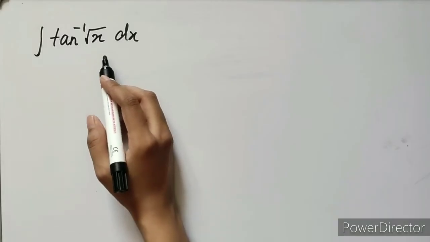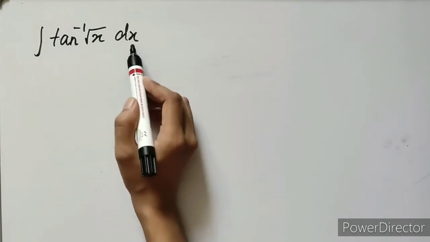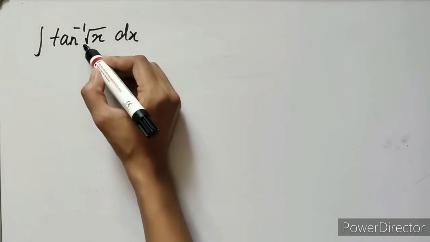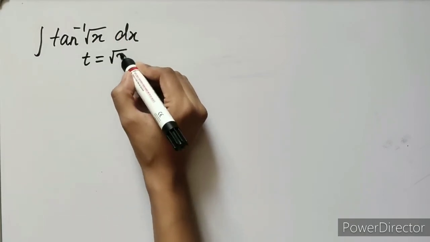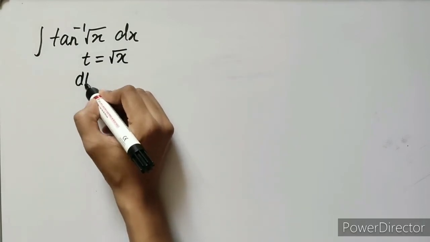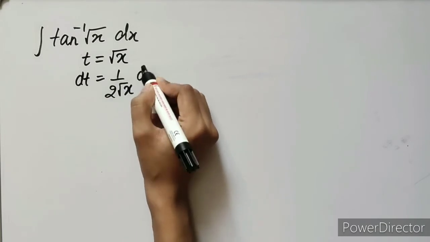Now let us look at the third integration, which is integration of tan inverse root x dx. So you have to put root x is equals to t. So t is equals to root x, and when we differentiate it, it will be dt is equals to 1 by 2 root x dx.